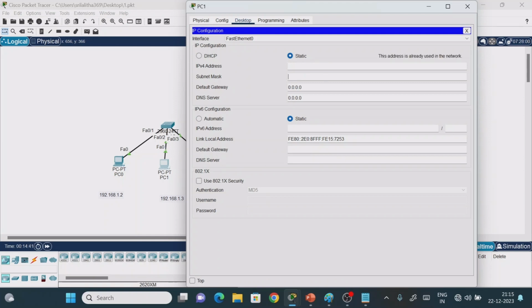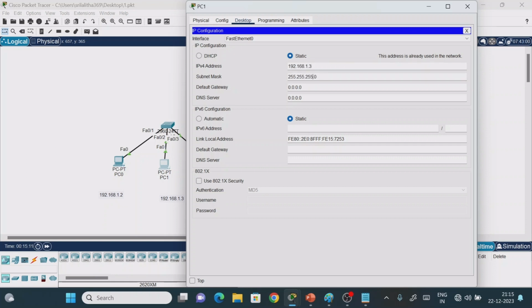If I give 1.2 again, it shows this address is already used in the network. It means that each IP address in the network should have a unique identification. If you try to give a duplicate IP address, it will not accept. From this conclusion, you need to understand that each IP address will be assigned to only one device, right? So that's why you are able to communicate from one device to another device by using IP addressing or logical addressing mechanism.